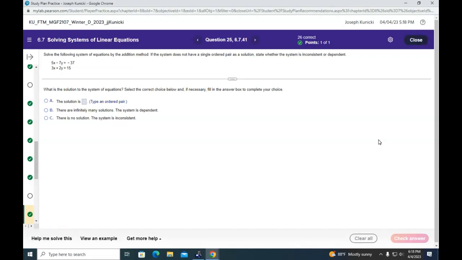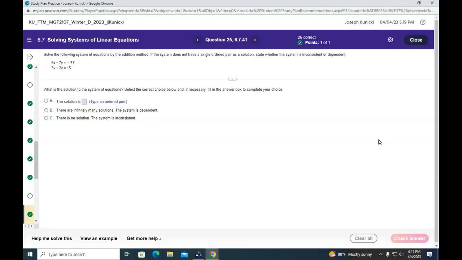All right, so the best I have here is these are opposites. So I'm going to multiply the top equation by plus 2. You can multiply an equation by any number. It doesn't change anything. It just changes what it looks like. It doesn't change the solution. So I got 10x minus 14y equals minus 74.